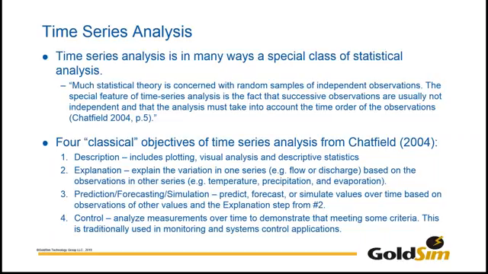The final objective, the control objective, is like analyzing whether you're meeting a criteria over time, whatever that criteria may be, but it often comes into play with monitoring and control applications.